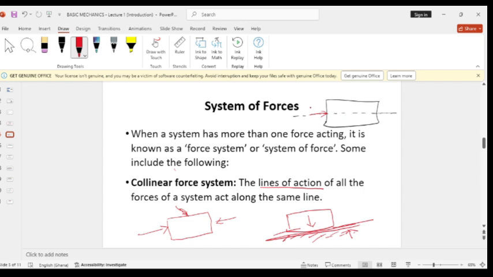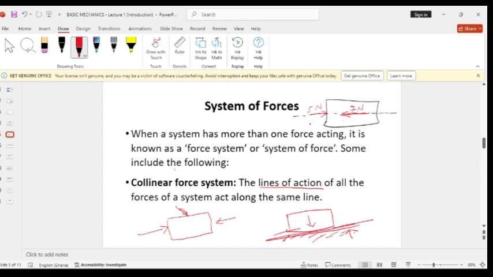Let's say the force has a magnitude of 5 Newton. And then I also have another force acting this way, along that same line of action, in the opposite direction. Let's say this force has a magnitude of 7 Newtons, right?